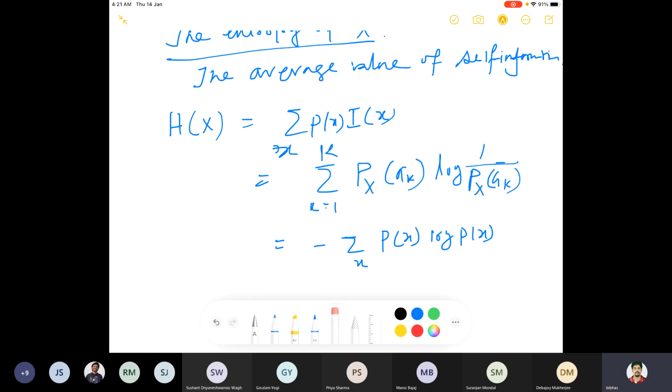The self information is defined for a particular input, and the entropy is the average of that. If you take the average, it means with some probability x will occur, and with that probability you will have that amount of self information. That is what gives us the entropy. Now, what does entropy mean?